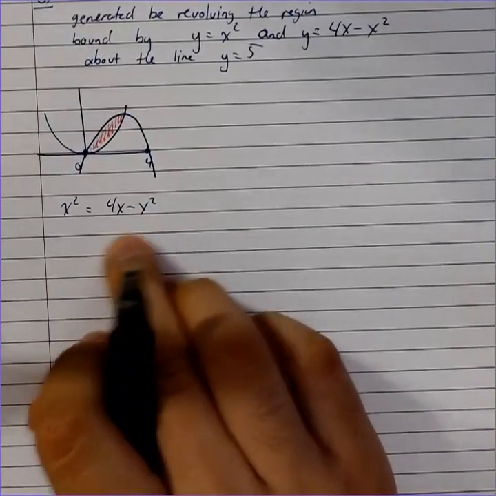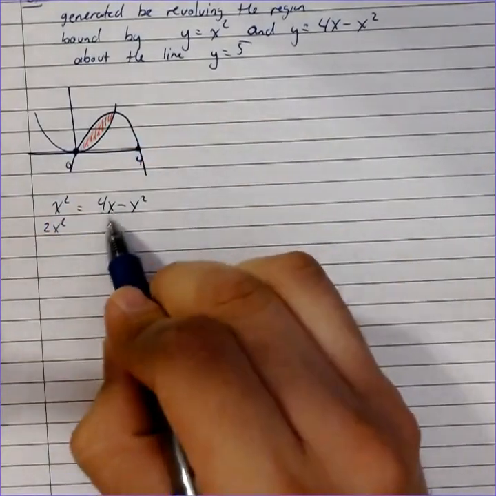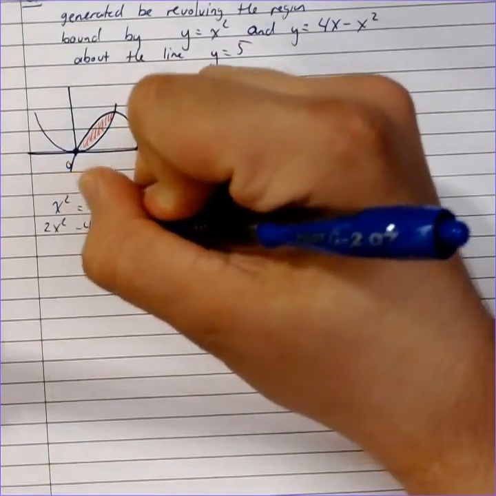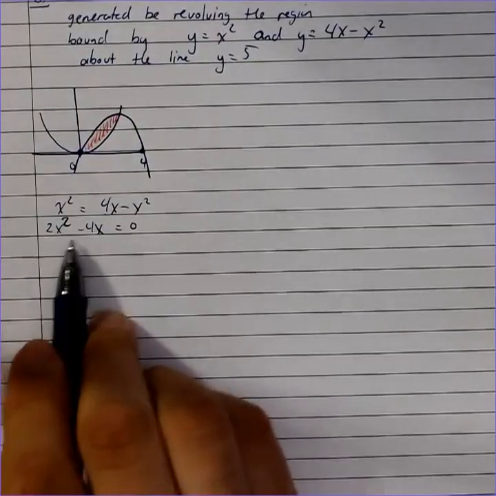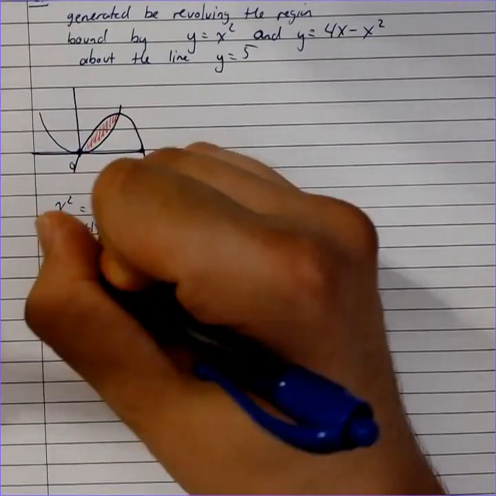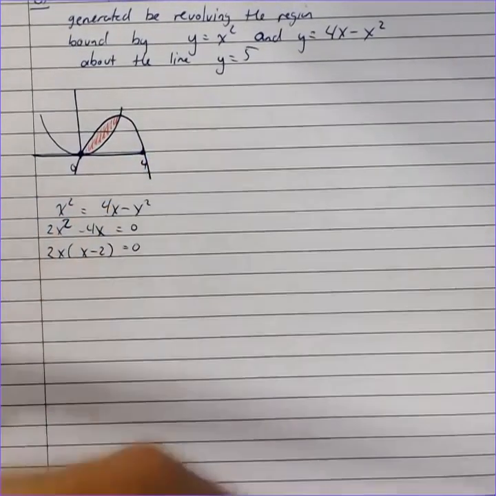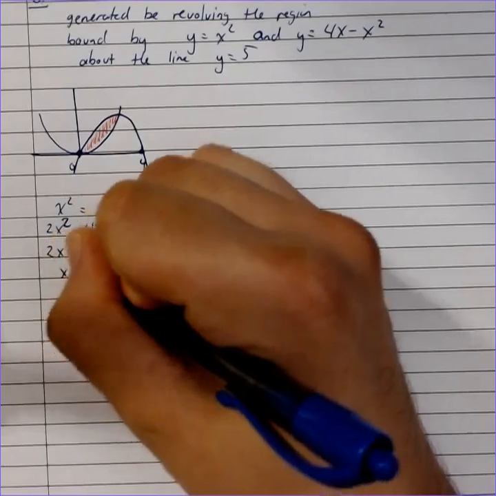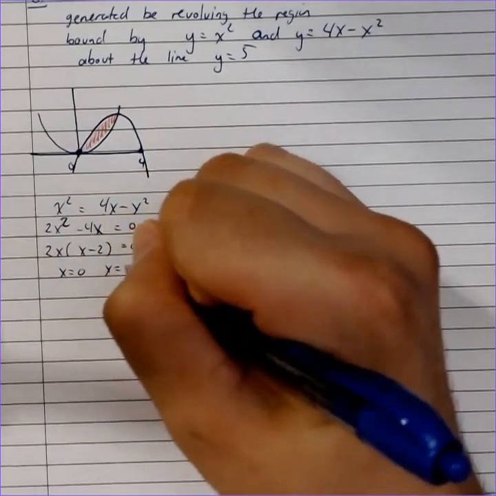We can go ahead and add the x squared over here to give us 2x squared. And then we'll subtract the 4x over this way. 2x squared minus 4x is equal to 0. And then we can factor out a 2x from both of those, giving us 2x times x minus 2 equals 0. And that gives us x equals 0, which we already knew. Those crossed at 0. And we get x equals 2.